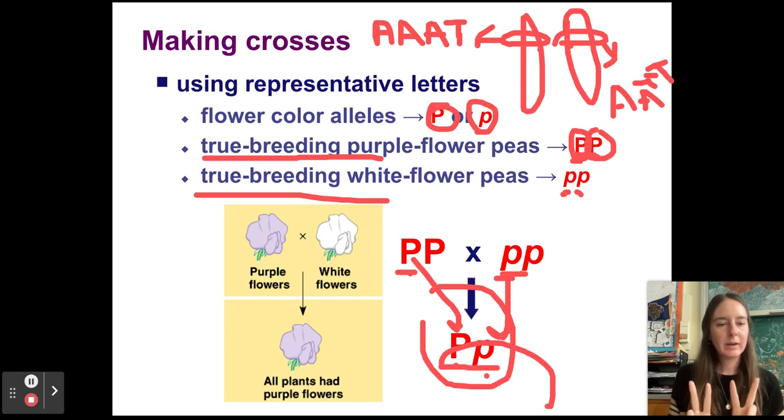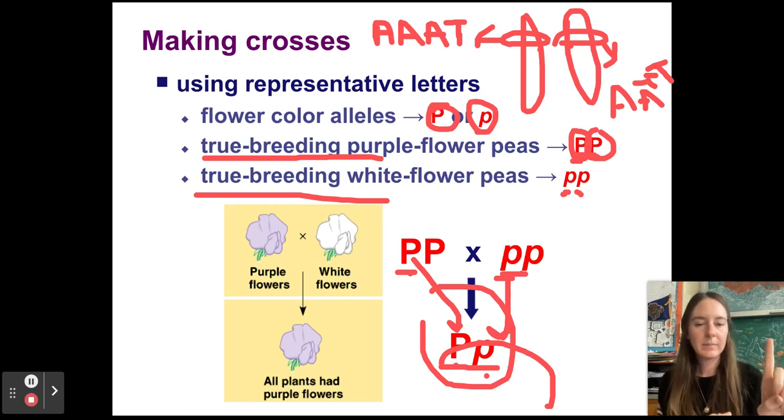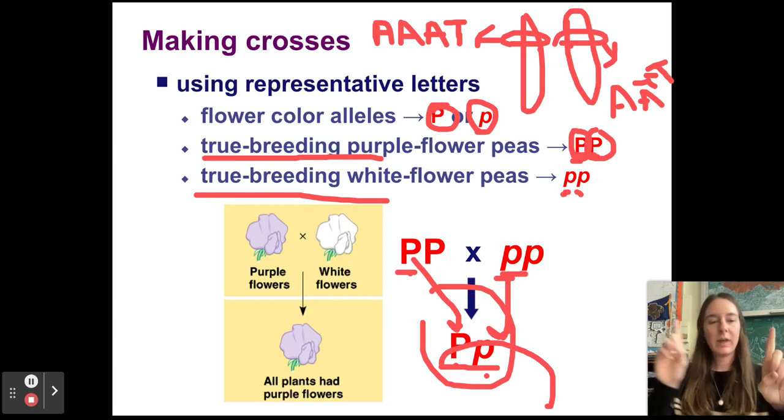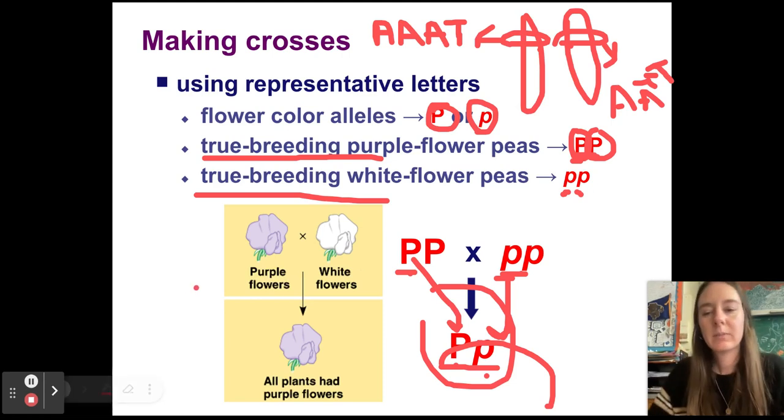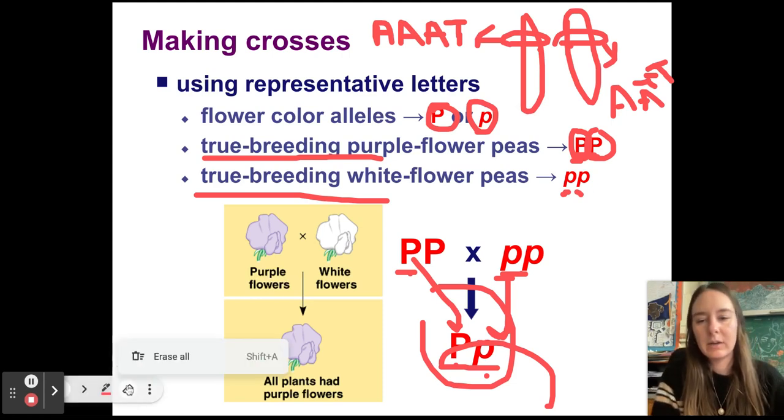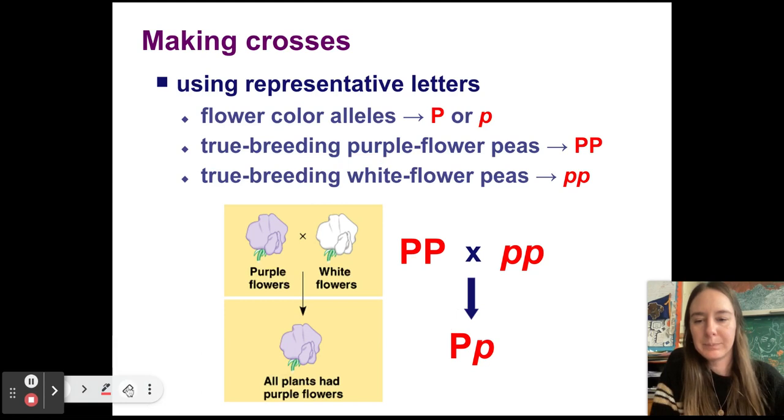Depending on which of these gametes is chosen during sexual reproduction, it could be lowercase p or capital P, dominant or recessive. So let's say the lowercase p gets selected, then whatever the other flower combines with is going to be their baby's offspring. I know that's a little bit complicated. We'll talk more about it, but I just wanted to introduce you to that right now.